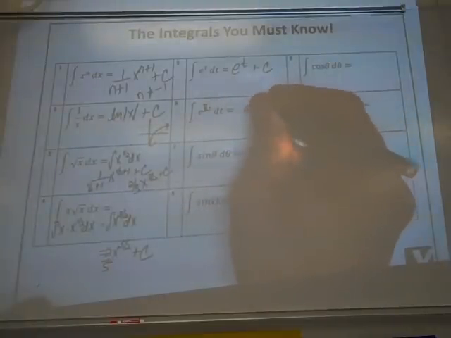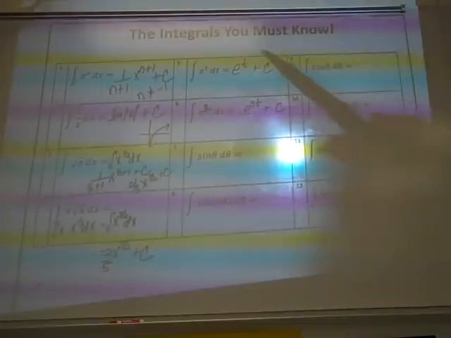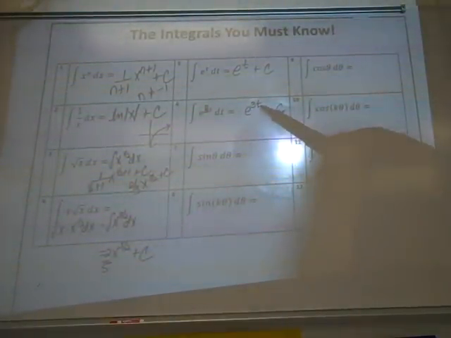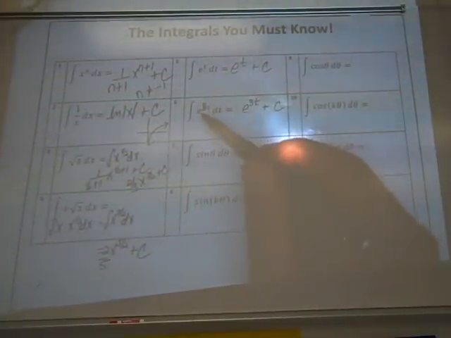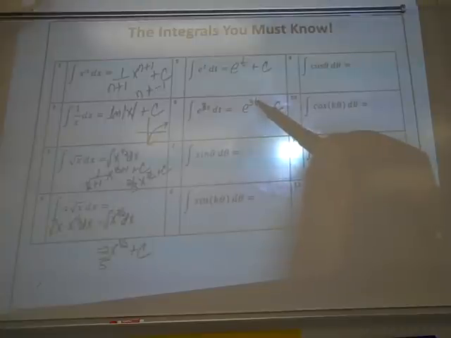Well, if I just say e to the 3t plus C, let's see, does that pass the test? Is it true that the derivative of e to the 3t is e to the 3t? Well, if I take the derivative of an exponential, it's e to the same power times the derivative of the power. So I would be multiplying by 3.